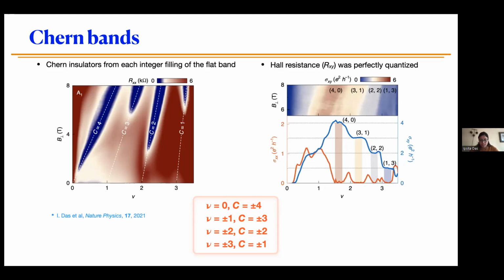So this special sequence of the Chern insulators emerging from different filling factors of my flat band tells me that the interaction breaks the inversion time reversal symmetry, and I have 4 different mini bands with different topology now. Okay.